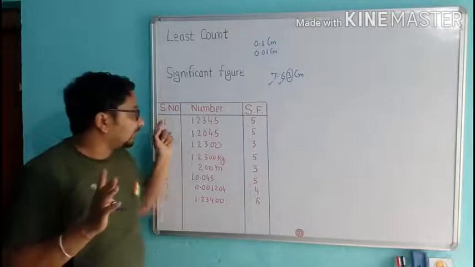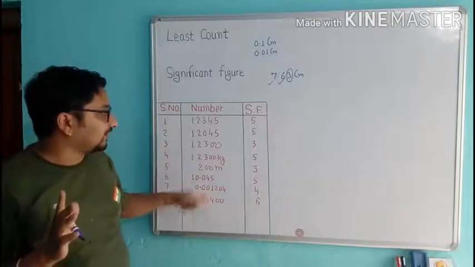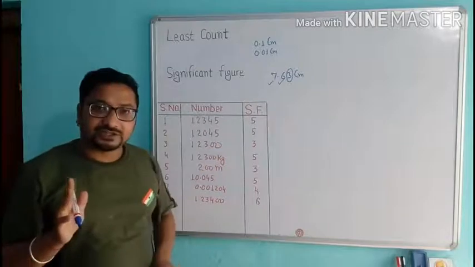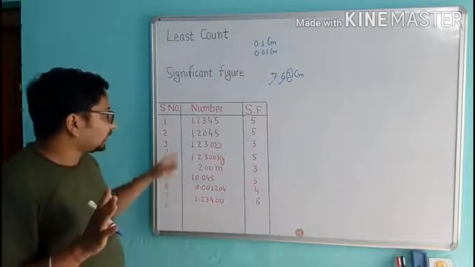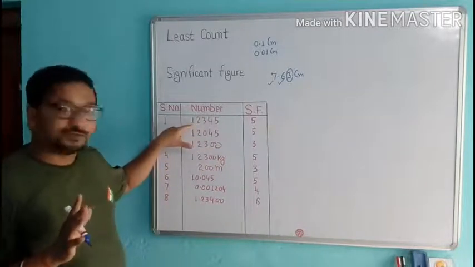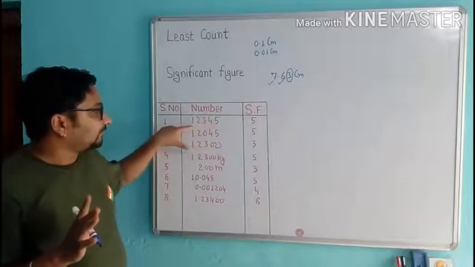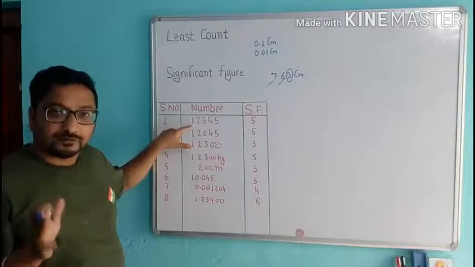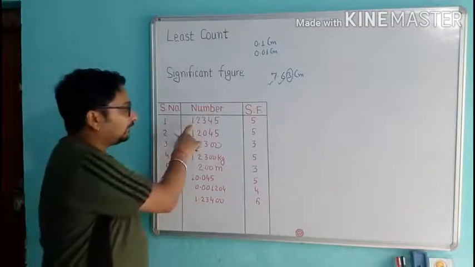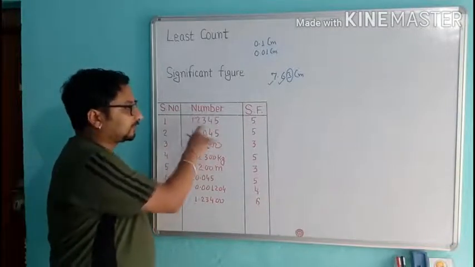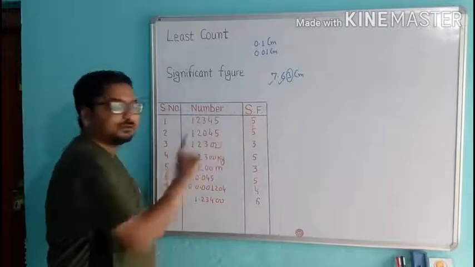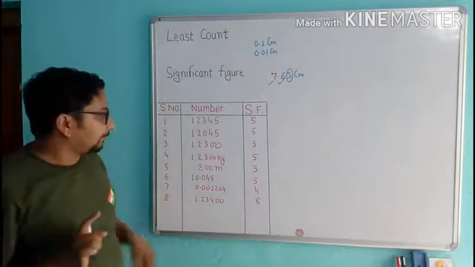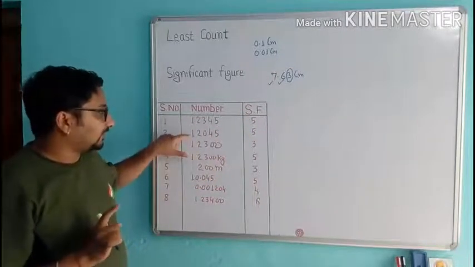Okay, now here are some numbers and their respective significant figures. Now look at this number. In this number, all numbers are non-zero. So we will count every number. 1, 2, 3, 4, 5. So significant figures will be 5. Okay. Now look at this number.